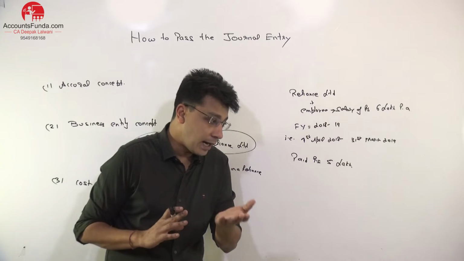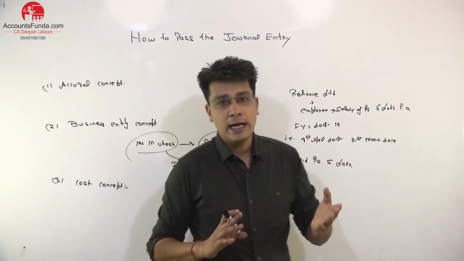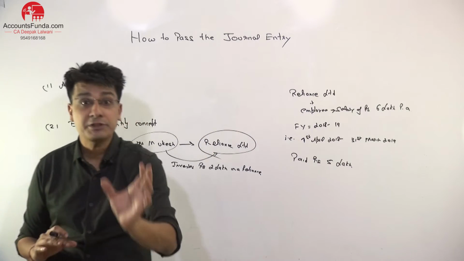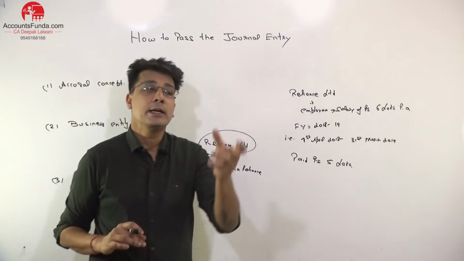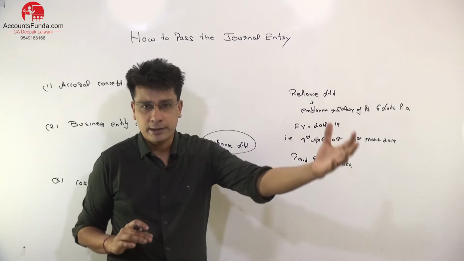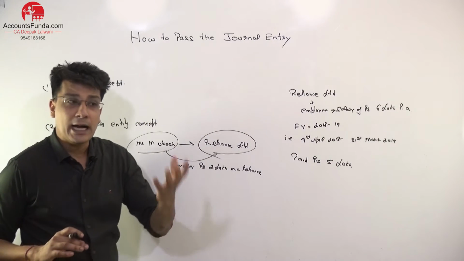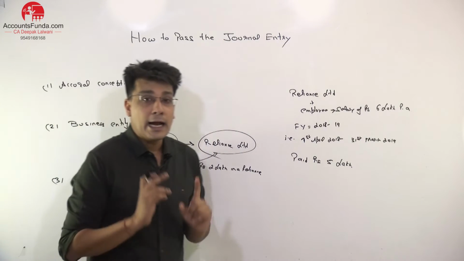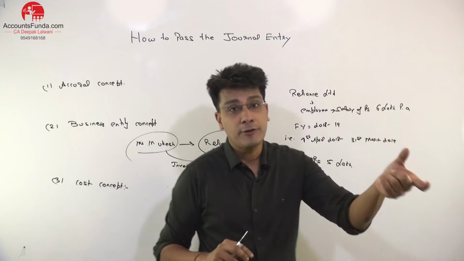I give you another example. Suppose I have bought one BMW car whose market price is 50 lakh rupees, but because I know the person personally, I have bought this car at 30 lakh only. Now I have bought a car of 50 lakh for 30 lakh.